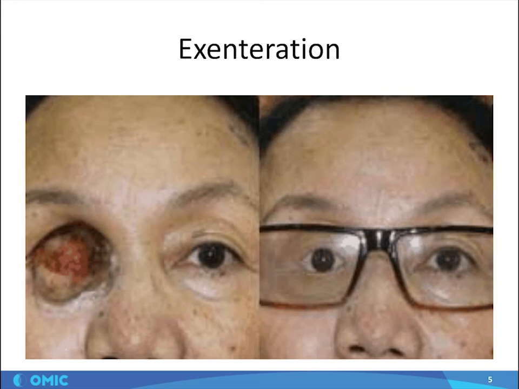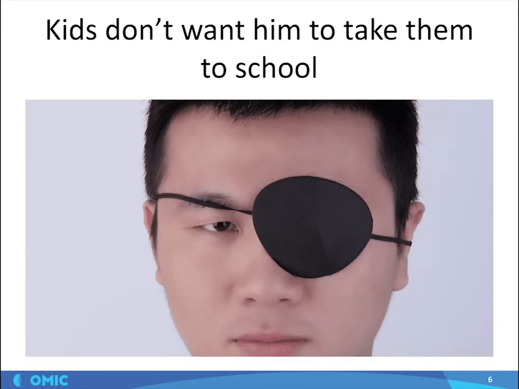You can see on the picture on the right that the patient ended up with a prosthesis, which looks pretty good compared to what he started off with in the picture just post-operatively. Again, this is not our patient, but an example of how the patient looked for many months after the surgery, wearing a black patch. Obviously, this was just a devastating thing to the patient and to his family, and sadly, his kids didn't even want him to take him to school.